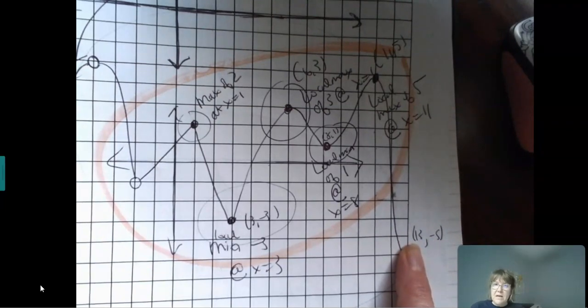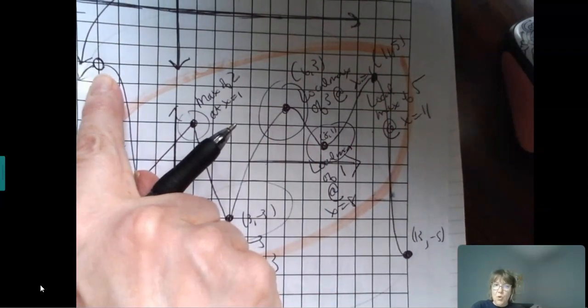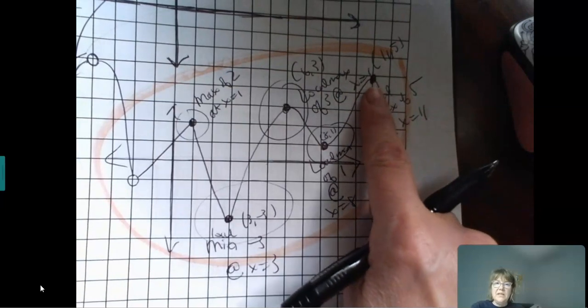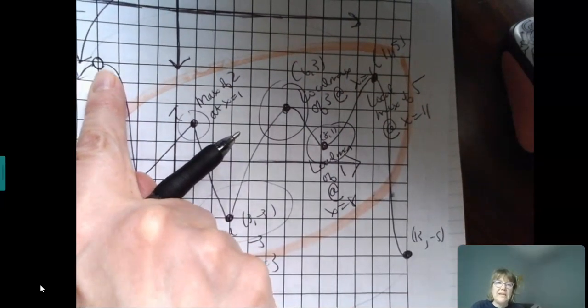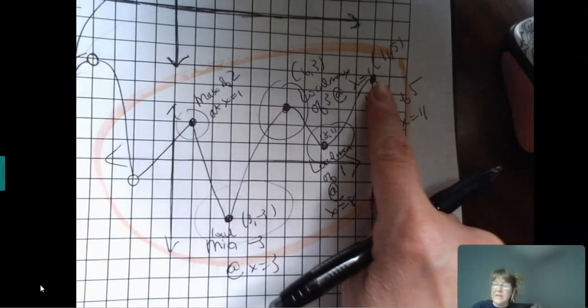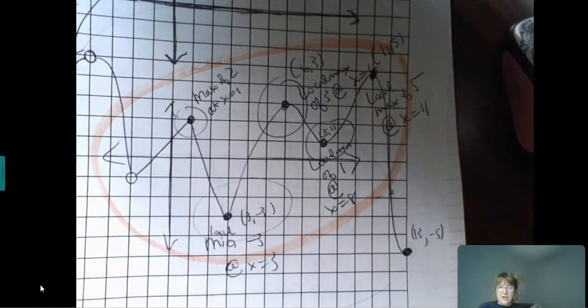And again, this guy cannot give me the absolute max because he's a hole. This one is the absolute max, because that one might get really close to 4.9999999, but this one actually lands at 5. So that one can be. All right, it can get confusing, but you can do it. Take care.